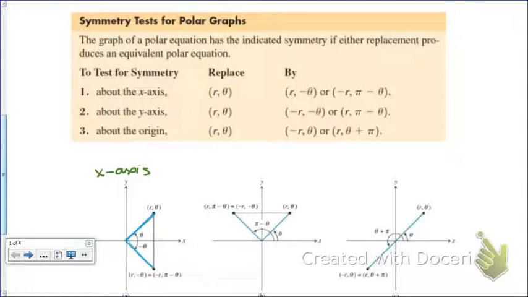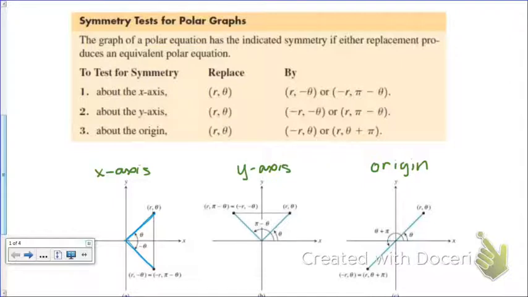And then we have one that's showing reflection across the y-axis from left to right. And then the third one is symmetry about the origin. A trick for you would be to take your calculator and just turn the whole thing upside down. If it still is the same picture moving in the same direction, then it's symmetric about the origin.